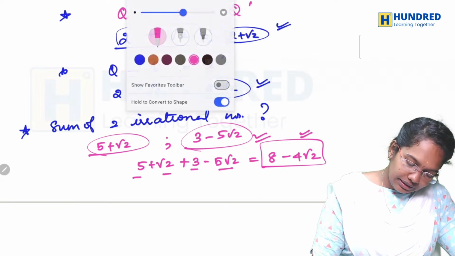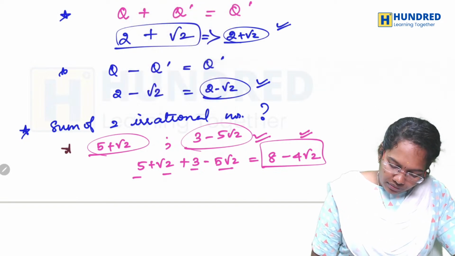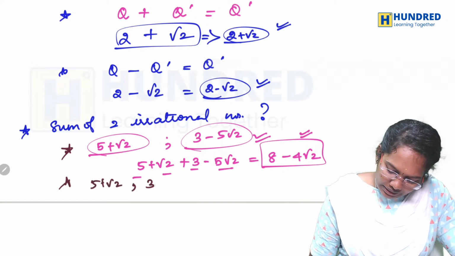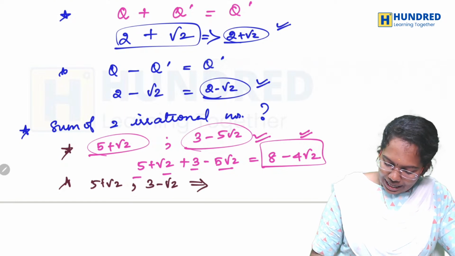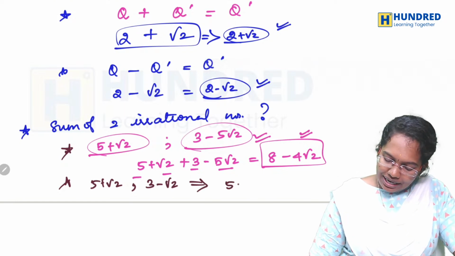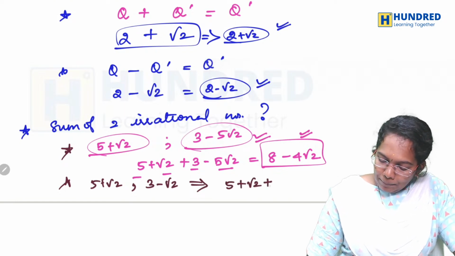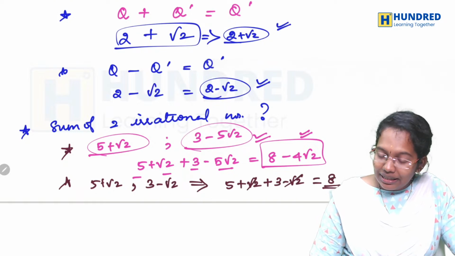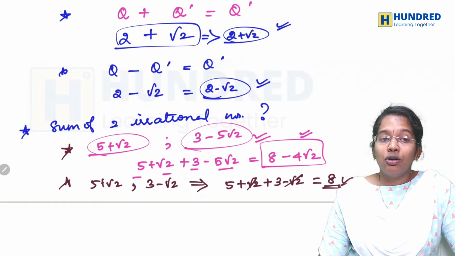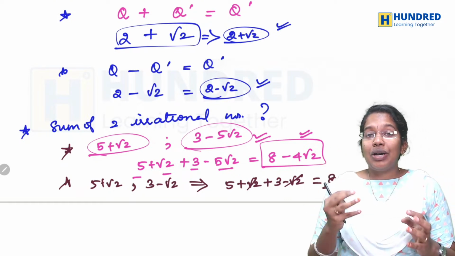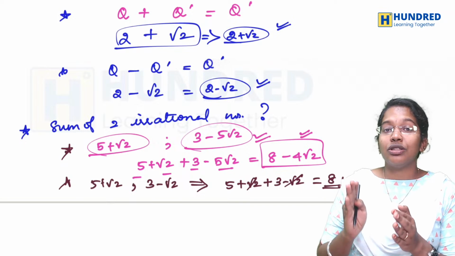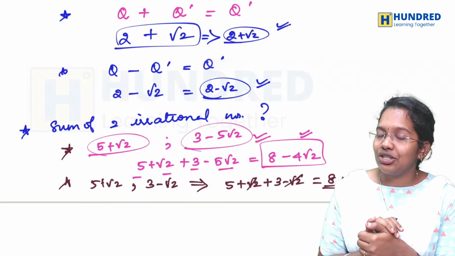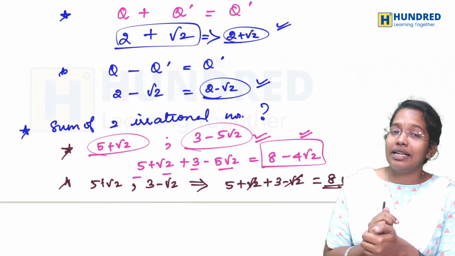Now let me take the two irrational numbers to be 5 plus root 2 and 3 minus root 2. When I add these, I get 5 plus root 2 plus 3 minus root 2, right? When you cancel the root terms, you simply get a rational number. So when you add two irrational numbers, the resultant may or may not be irrational.